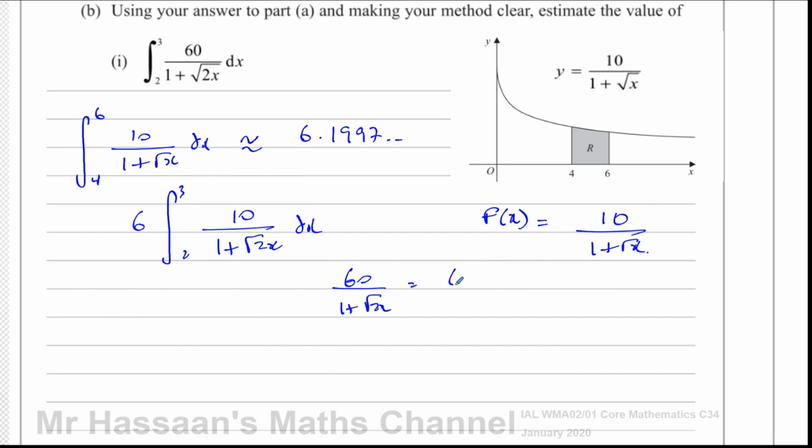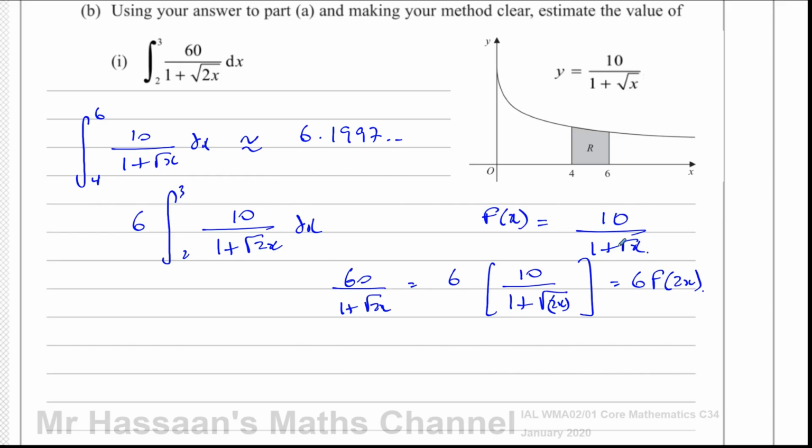It's like you've taken the original function and you have multiplied it by 6. So now you have 10 over 1 plus, and it's like you replace the x with 2x. Okay, so you've replaced the x with 2x and you multiplied by 6. So you can say that this is the same as 6 times f of 2x. Okay, 6 times f of 2x.